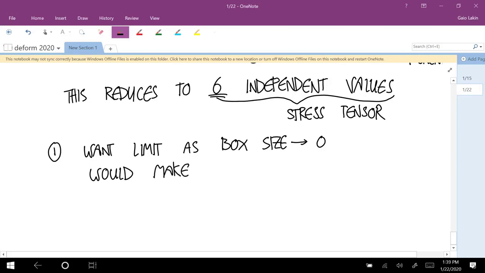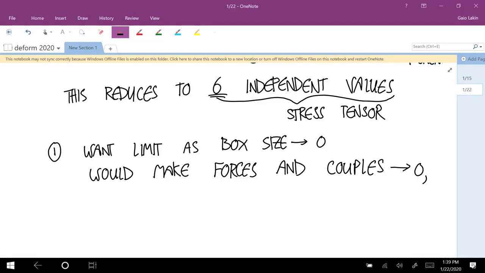So instead of thinking of forces and couples, let's think about force per unit area and couple per unit area.